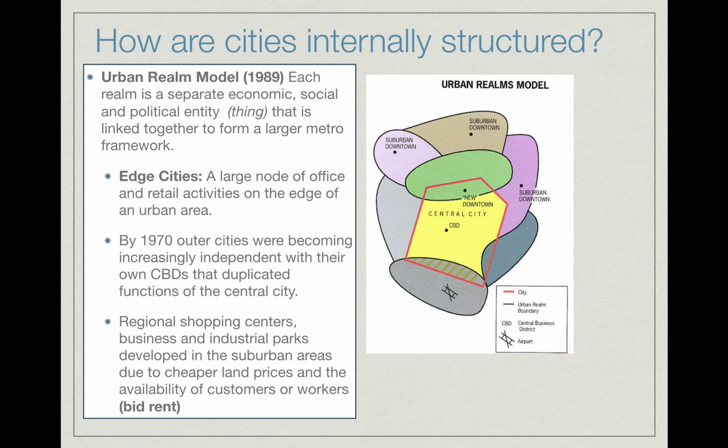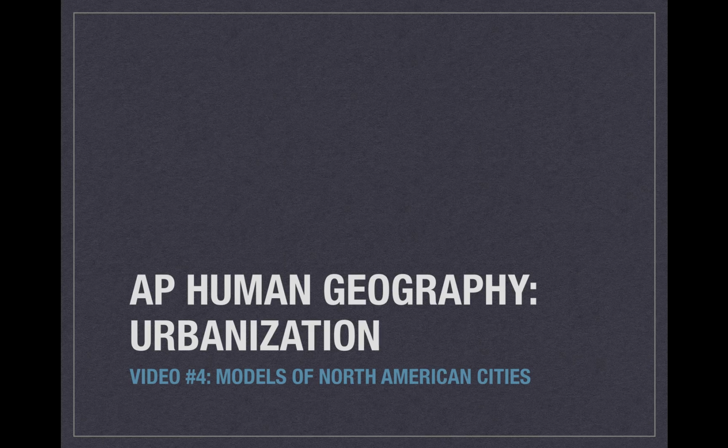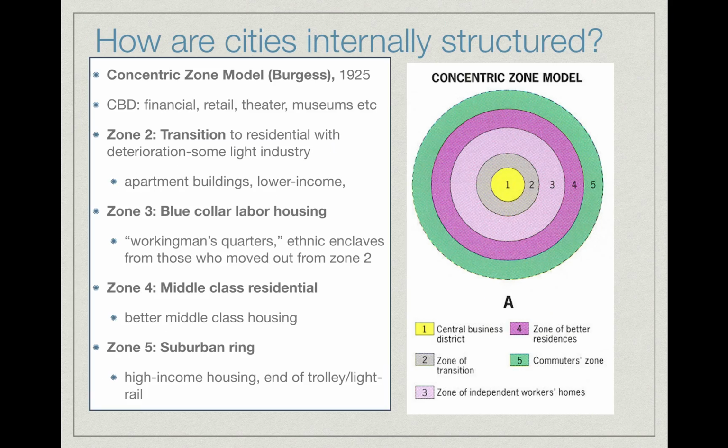The chronology here is that we now have massive suburbanization, widespread urban sprawl, the spreading out of the city, and now we have suburbs that in many ways are central places in and of themselves that do not necessarily depend upon the central business district as they once did in, say, 1925 with the concentric zone model.